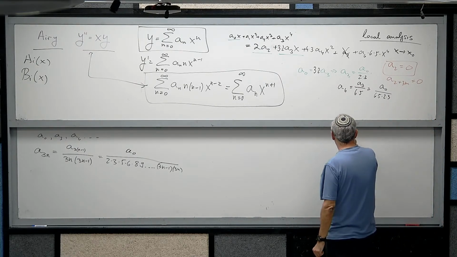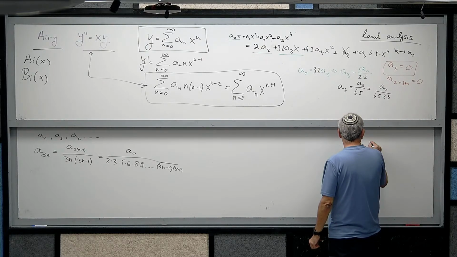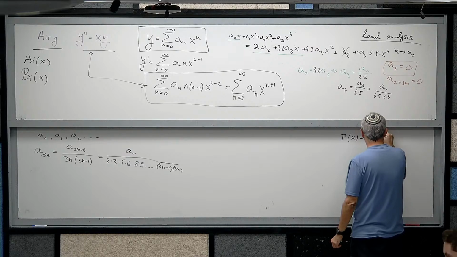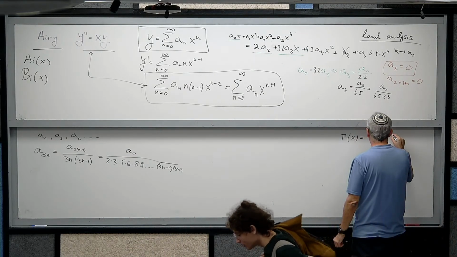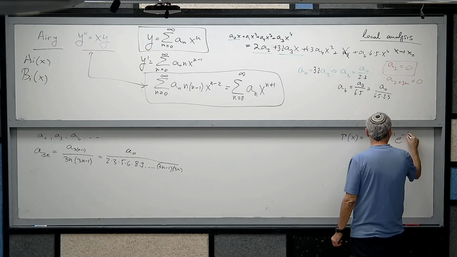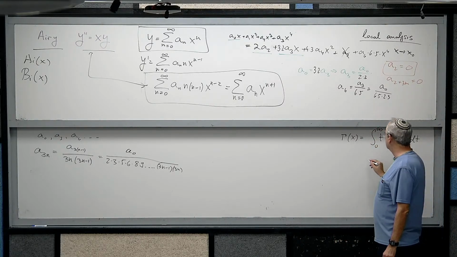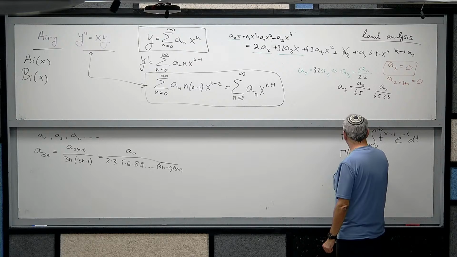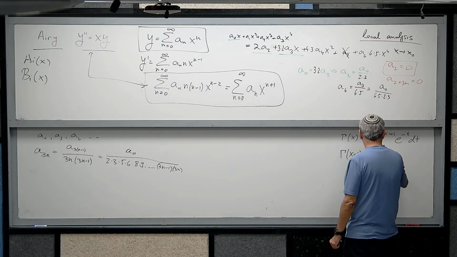So, gamma function of x is defined as the integral from 0 to infinity of t to the x minus 1 times e to the minus t dt. And in particular, it satisfies the relationship gamma of x plus 1 is x times gamma of x.